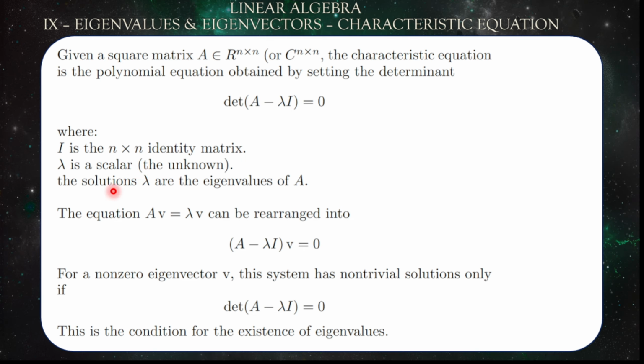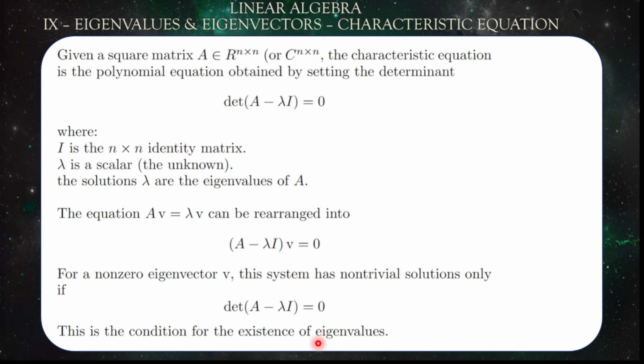Okay, the solutions lambda are the eigenvalues of A. The equation Av equals lambda v can be rearranged into A minus lambda I times v, as we've seen already. So you get the determinant to solve for which values of lambda this equation becomes 0.